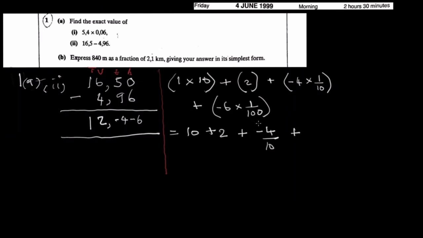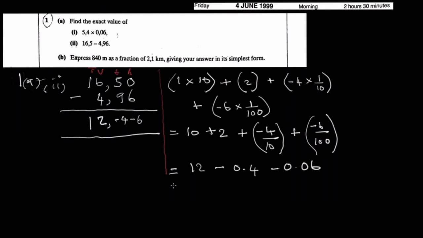Plus, here we have, let me put this into brackets, minus 6 over 100. So this is obviously 10 plus 2, that's 12, plus what? Then since it's plus, multiplying a negative, it becomes a minus 0.4, and here it's minus 0.06.